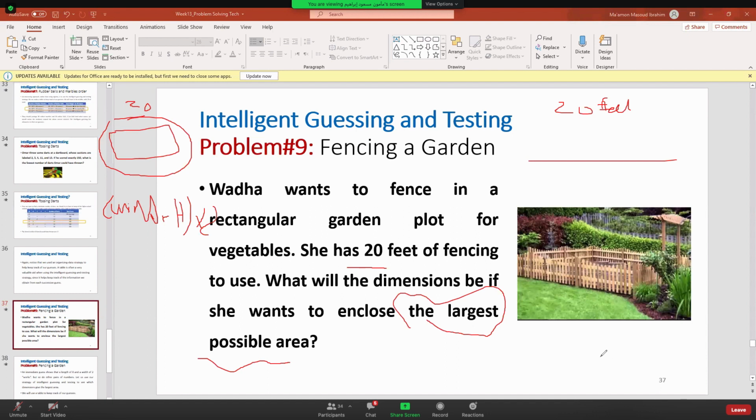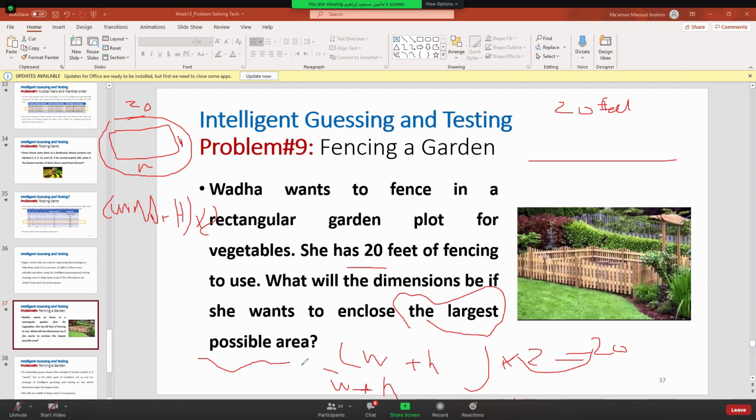So the equation will be: 20 equals 2 multiplied by width plus height. We add them and multiply by 2, which gives us the full fence perimeter. In other words, divide by 2, we have 10 equal to width plus height.